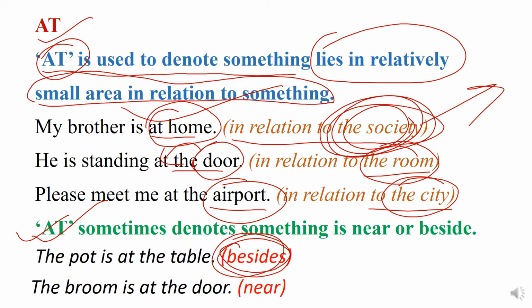That means the broom is near the door, or beside the door also, you can say. So the broom is at the door. Sometimes at is used to denote something that is nearby or beside. I think you're getting it. Let's go to the next slide.